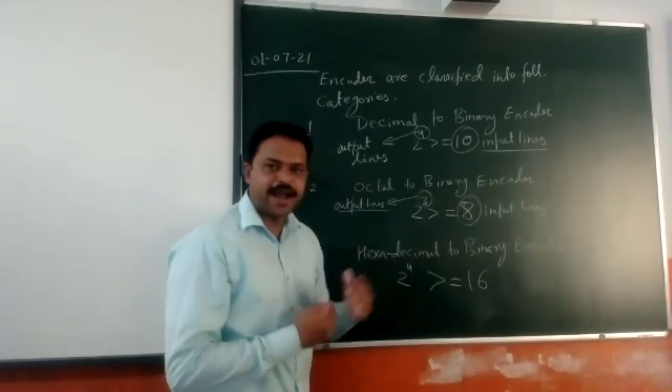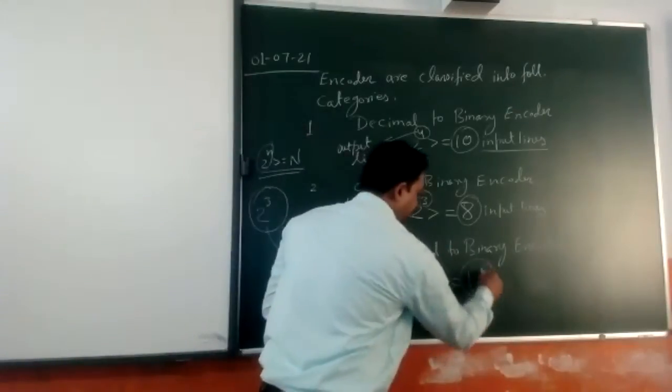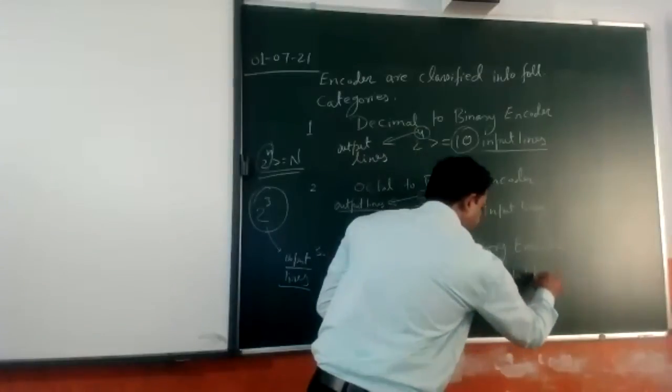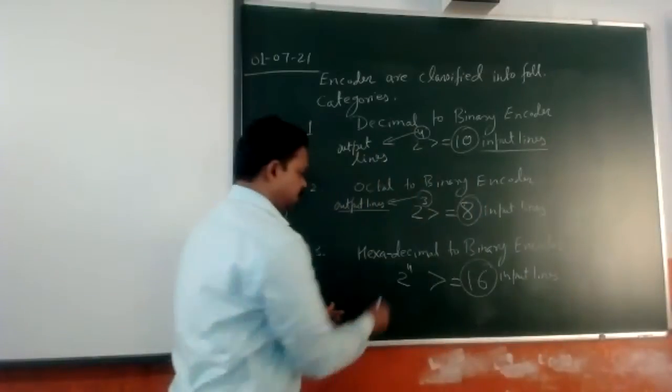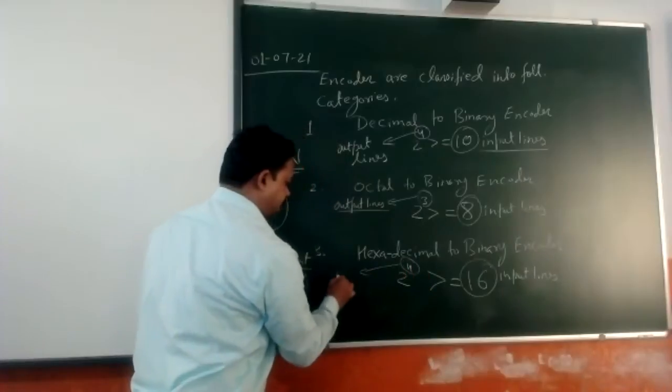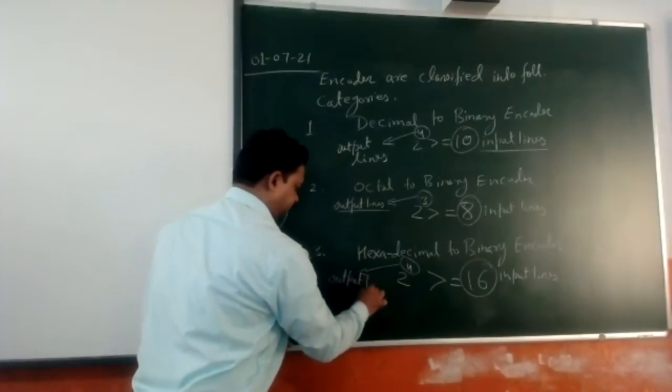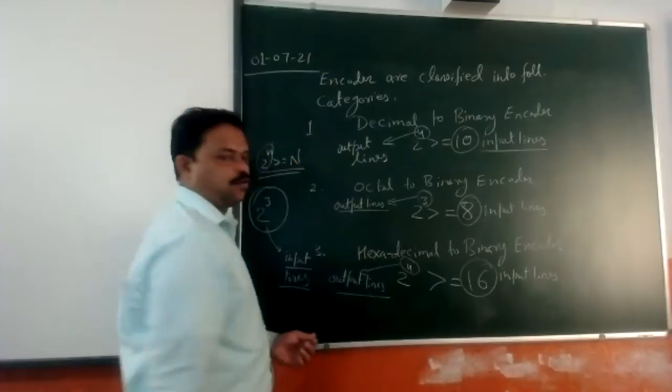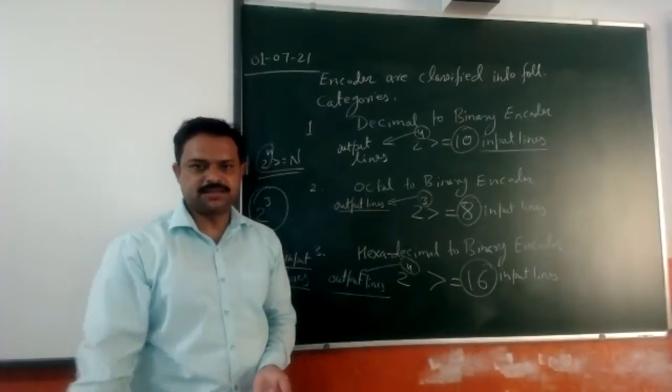So in hexadecimal to binary encoder, 16 input lines and 4 output lines.